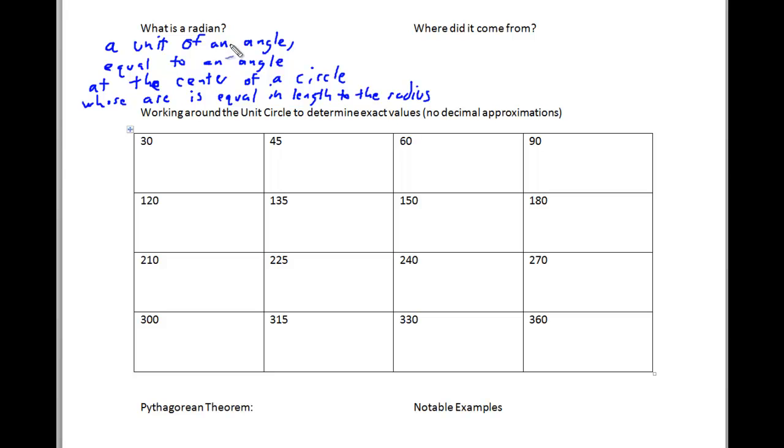A radian is a unit of an angle equal to an angle at the center of a circle whose arc is equal to the length of the radius.